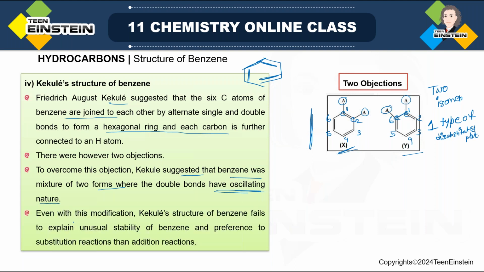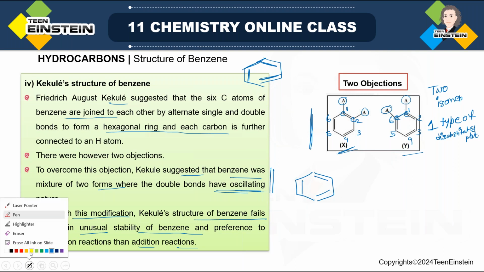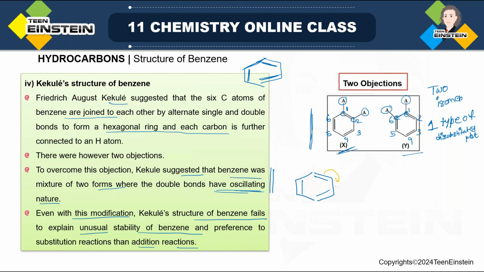But even with this modification, Hückel's structure of benzene fails to explain the unusual stability of benzene and its preference for substitution reaction over addition. So what does the last statement mean? Up to this point, it is understandable that he is saying that the double bonds are changing their positions. That means initially, if the double bonds' positions are like this, now they can change their position.